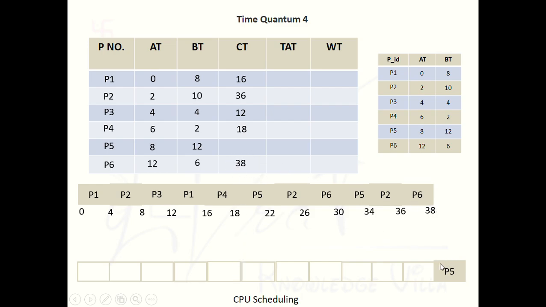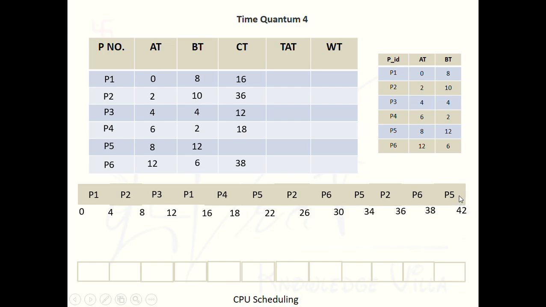Now only process P5 remains. So P5 will get the CPU. Before this moment P5 got the CPU 2 times, 18 to 22 and 30 to 34. 4 plus 4, total 8 time units P5 used the CPU, and right now the total requirement of P5 is 12 time minutes. So again P5 will use the CPU for 4 time minutes. 38 plus 4 is 42.